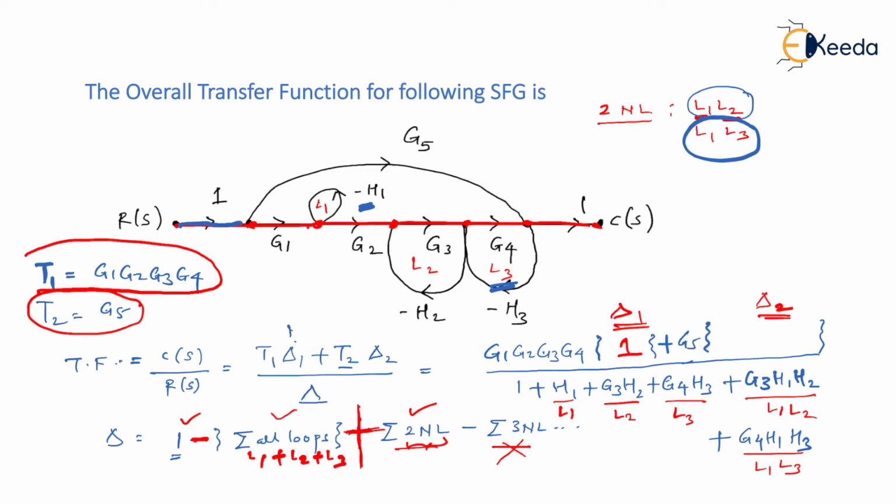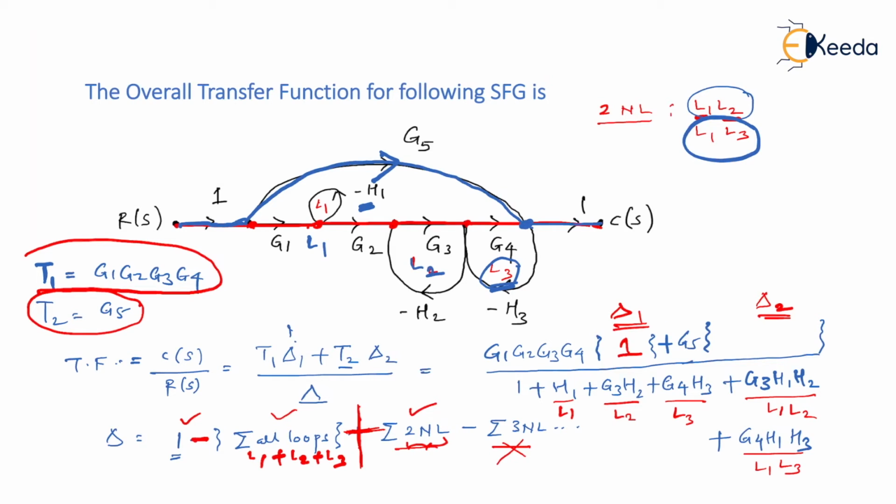Observe carefully. Your T2 is the one which I'm highlighting right now. Your L1 remains untouched. In fact, your L2 also remains untouched. Then you have to include all those terms of delta which have L1 and L2. But you have to remove that term which has L3, because L3 is getting touched at this point.